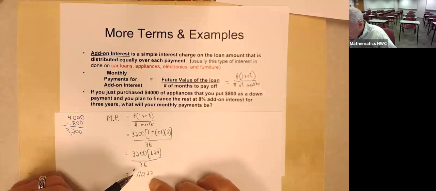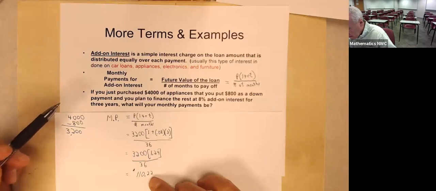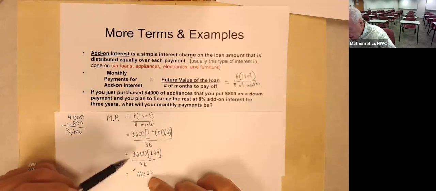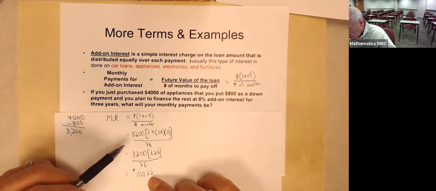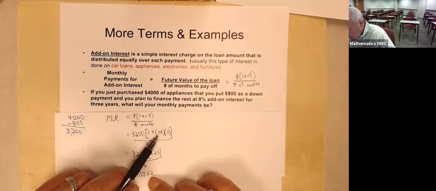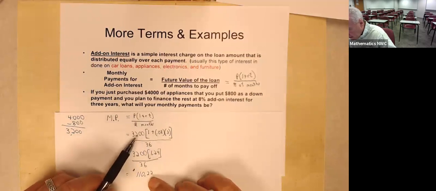This is again a much deeper thought here, but why did I say this is kind of a ripoff? Why would I say this seems to be kind of harsh? Not easy to understand, but here's the answer. We're paying interest, that's that rate times time, on the original 3,200.